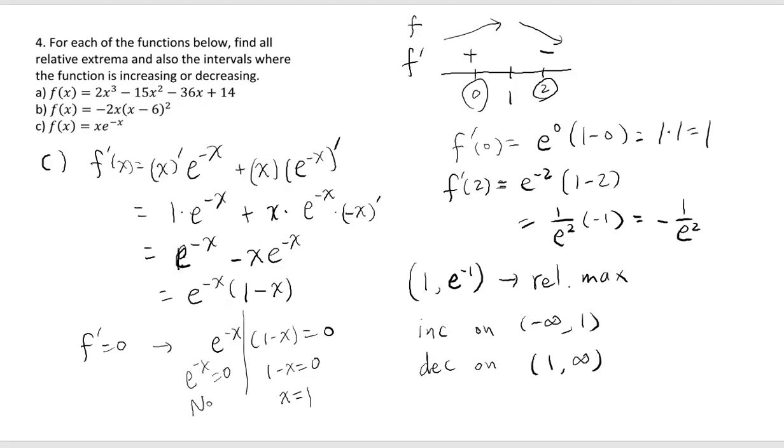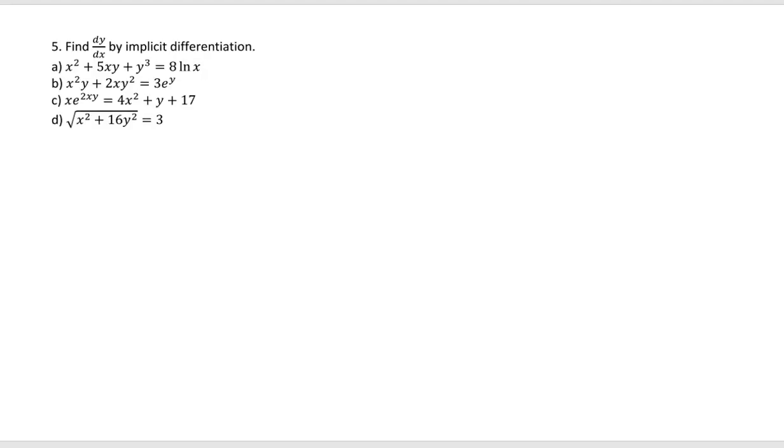Okay, so that concludes question 4. Question 5. Now we're trying to do implicit differentiation. The important thing about implicit differentiation is that there is an asymmetry between how you treat x and how you treat y.